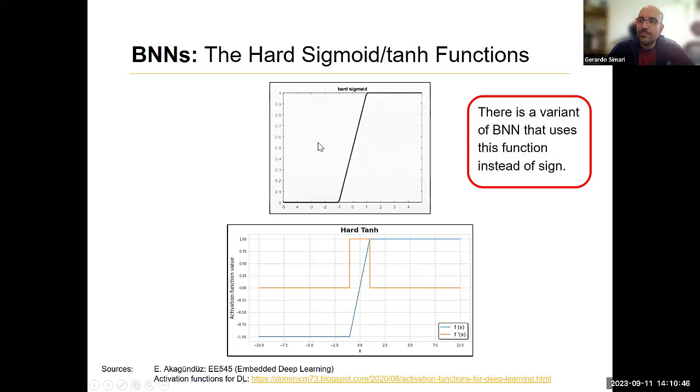I also plotted the hard sigmoid function here just so you wouldn't get confused, because the hard sigmoid is also in the original paper as one of the functions that you could use instead of sign. It has essentially the same shape, except that, if you pay attention, the range is between 0 and 1, whereas the hard tanh function is between -1 and 1.